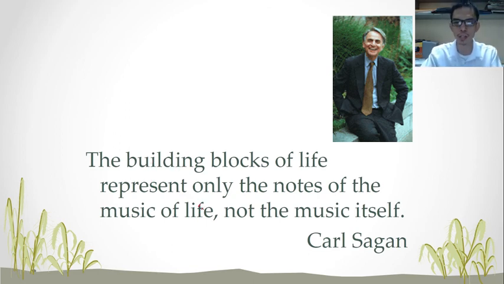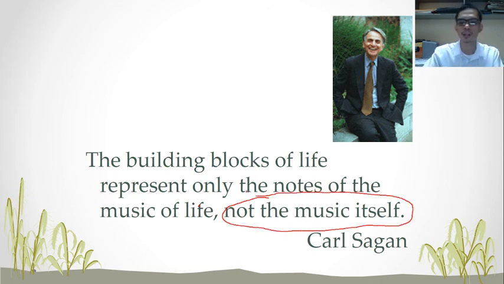The question here is how did those building blocks come to be in the first place? How is it possible that those building blocks were created in the first place? All right, this is the quote coming from Carl Sagan.